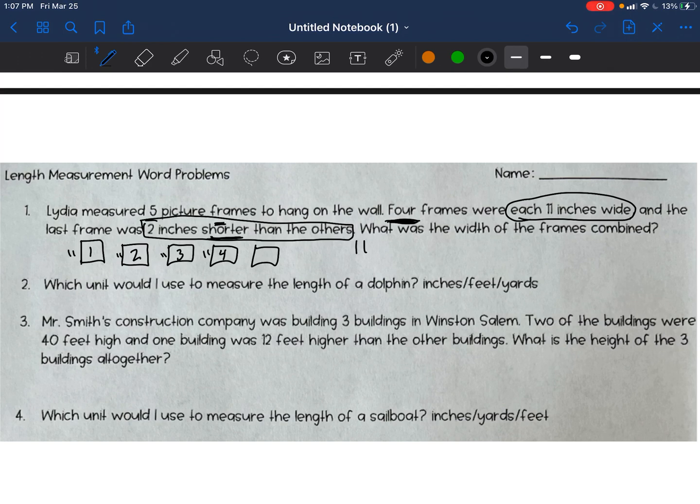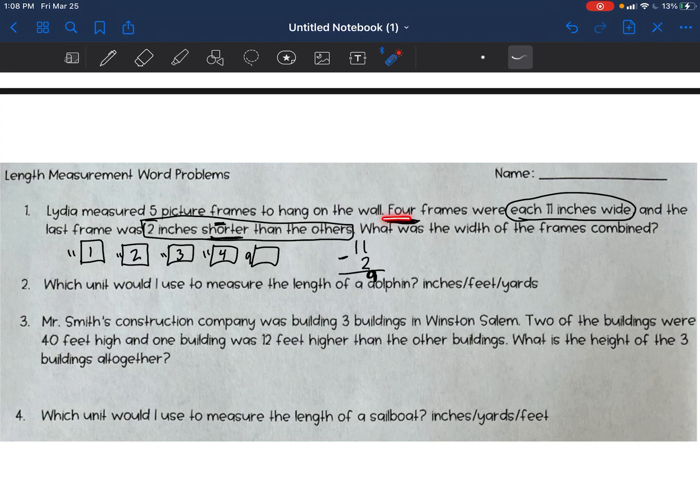That's going to be subtraction, right? So 2 inches shorter than that. All right, so what is 11 minus 2? 9. Good job. So this last frame was 9 inches wide. Okay? 9 inches wide.